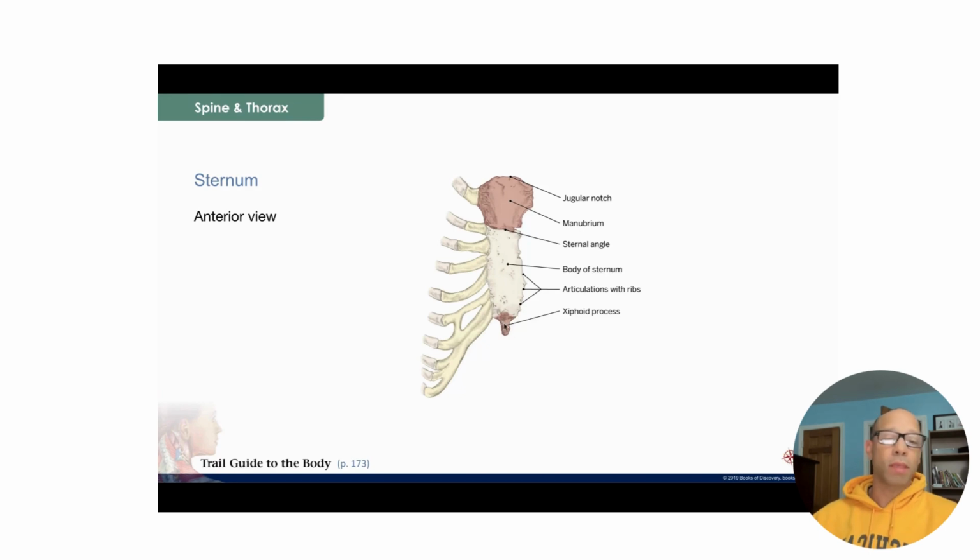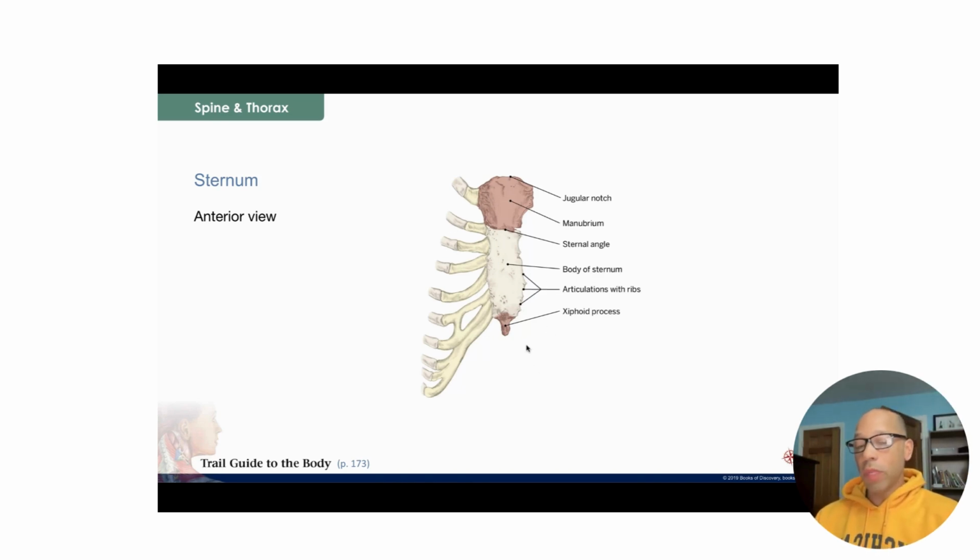This can be cracked off a little bit at times with a strong hit, but it doesn't provide a lot of support. It just kind of floats around in there. That's the most inferior aspect of the sternum, whereas the manubrium is the most superior aspect. Remember, inferior means lower, superior means closer to the head or higher.